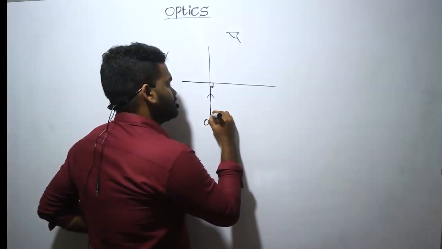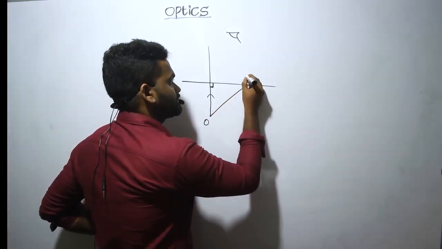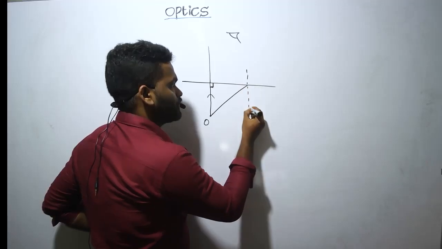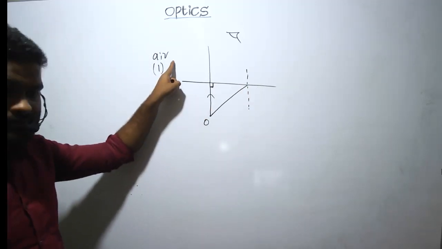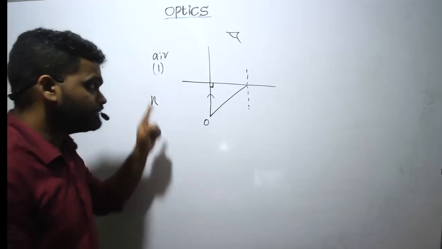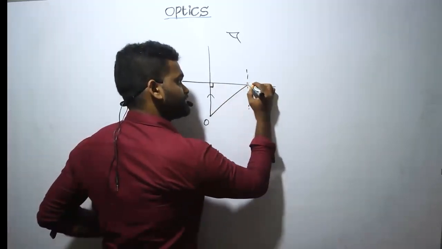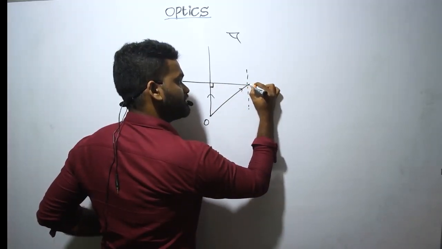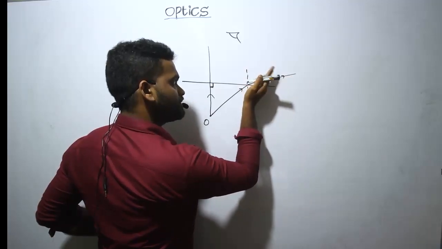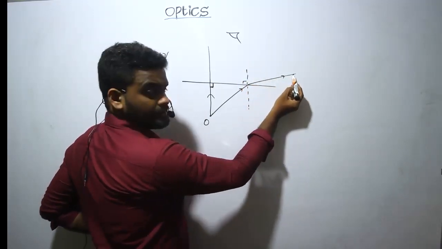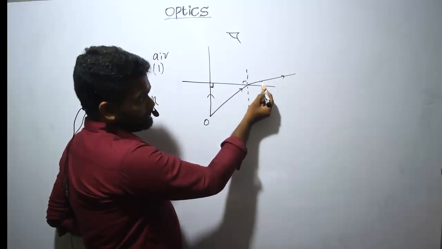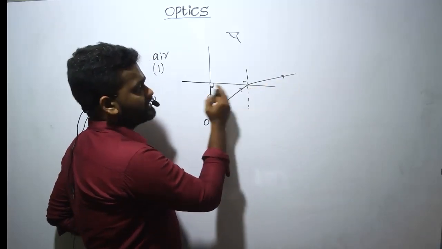Then I'll draw another ray, let's say like this. Draw the normal. You know that this is a rarer medium. So in a rarer medium, what happens? The light ray bends away from the normal. Then you have to extend this till these two rays meet.